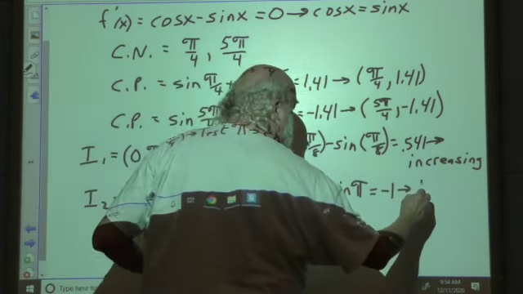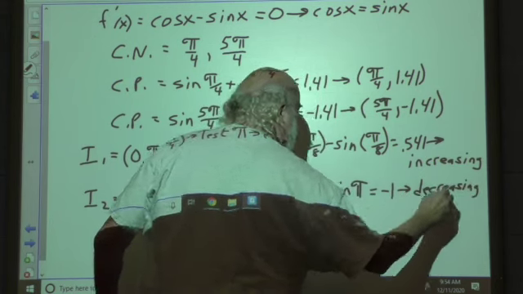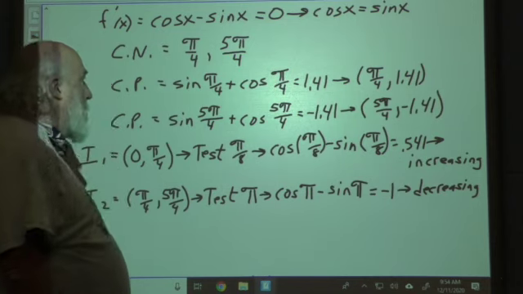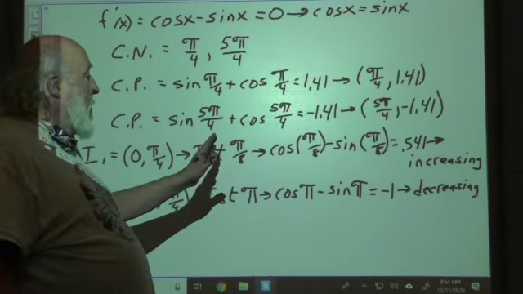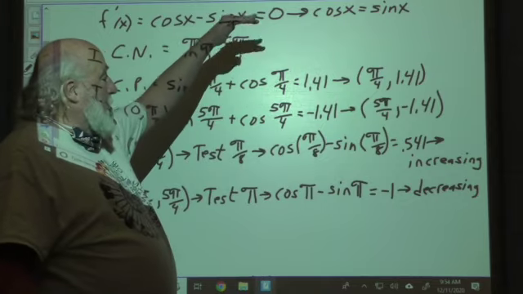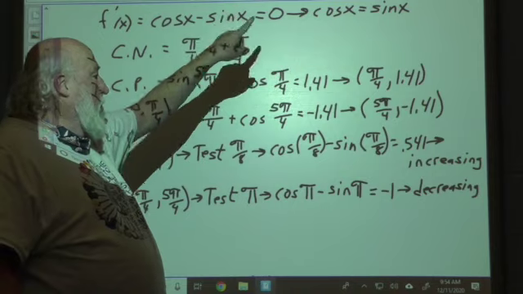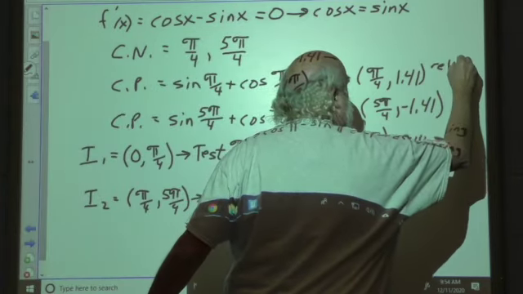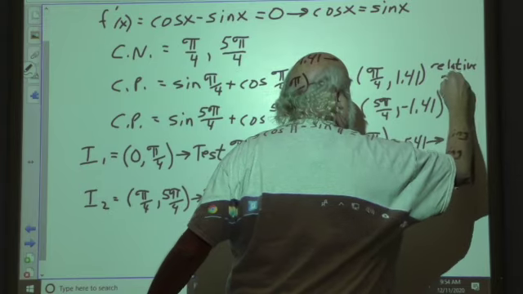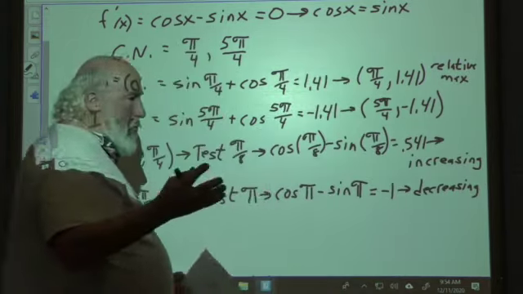And that means it's decreasing, which I kind of suspected, but just to make sure we had to work it out. So for my first critical point, the slope is increasing and then it starts to decrease, so at the very point where it changes, that's going to be a relative maximum. So the odds are the other is a relative minimum, but we have to prove it.